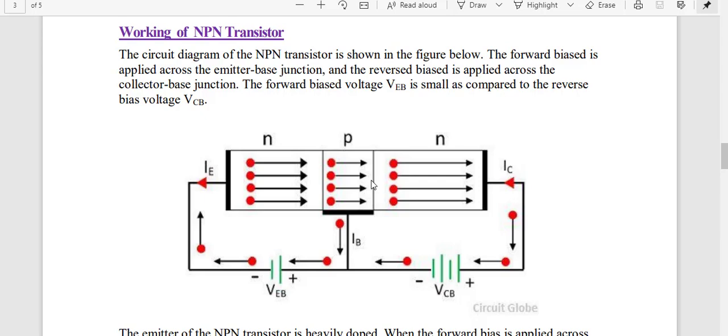But if most of the electrons or holes combine with each other in the base region, the movement will be less, so conductivity will be less. So the base region is lightly doped to prevent this neutralization, or you can say to prevent electrons and holes from combining with each other.